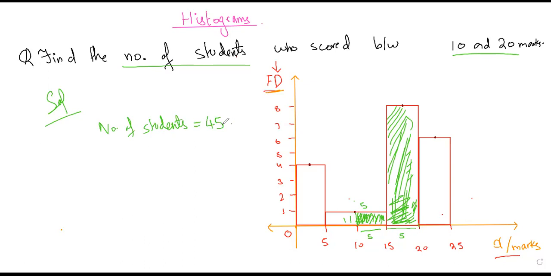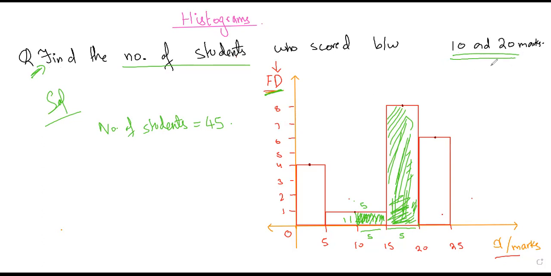Now what exactly is this thing? This is basically to give you an idea. I'll repeat. Most of the times you'll see this pattern in past papers as well. Whenever your histogram is being made using the frequency density, the examiner might ask you this question. Find the number of students who scored between 10 and 20.